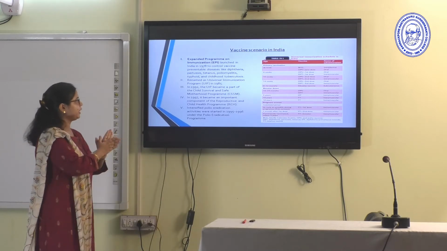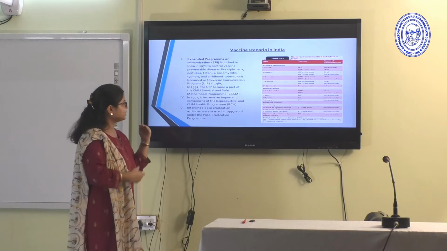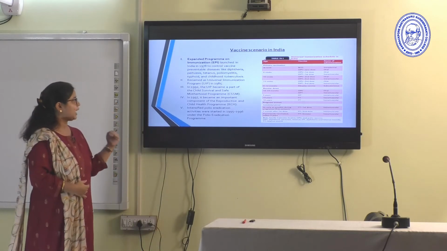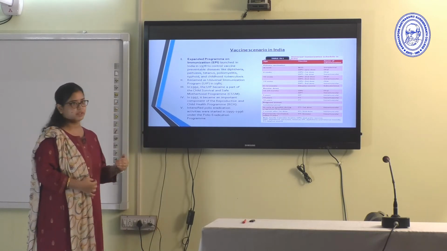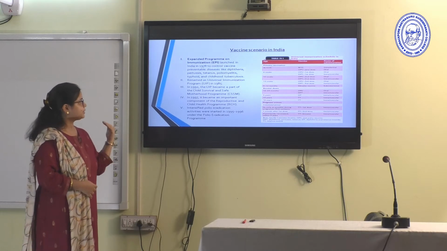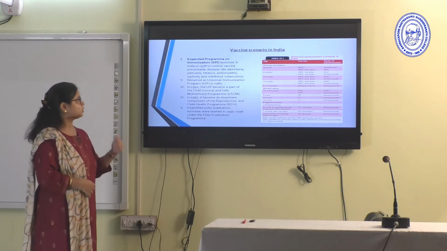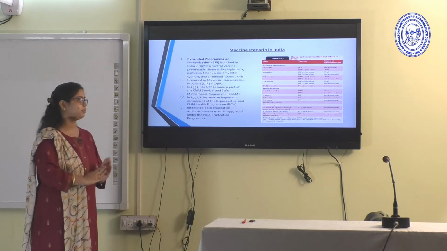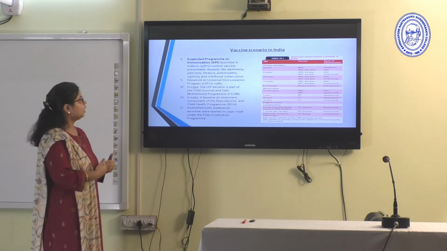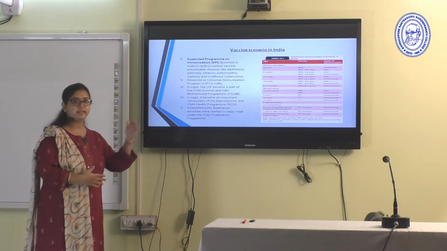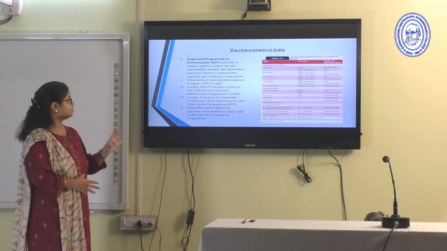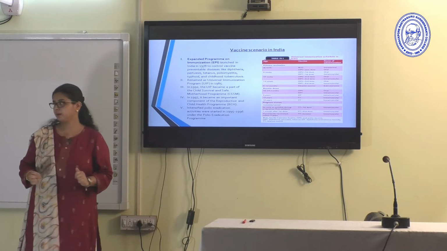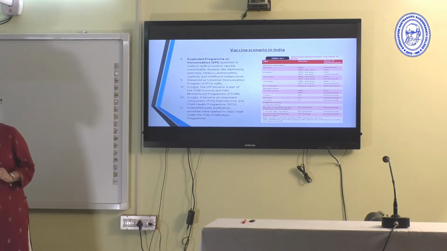This is a schedule where we can see that vaccination is given at different life stages, like at birth, at 6 weeks, 10 weeks, 14 weeks. Different doses of vaccines are given at different stages of life. Mostly they are given at 9 to 12 months, and then the booster doses start. So moving on to the next slide.